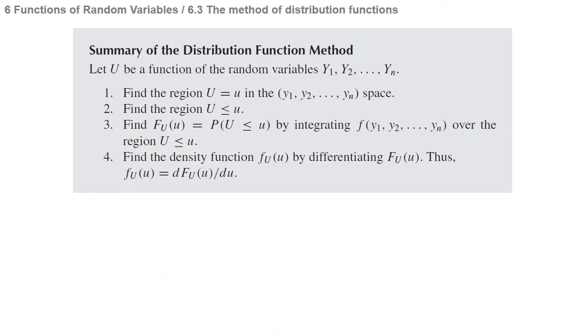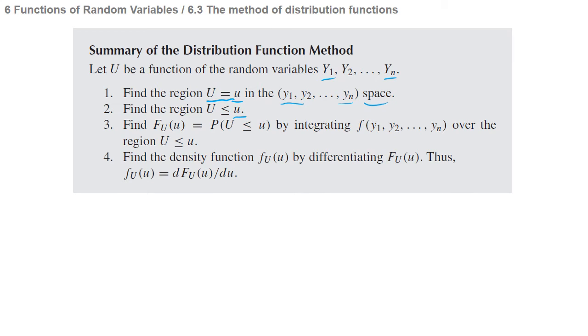So far, we have learned about the method of distribution function, and here's a summary of it. Let U be a function of the random variables y1 to yn. First, find the region U equals small u in the y1 to yn space. Second, find the region U is less than or equal to small u.